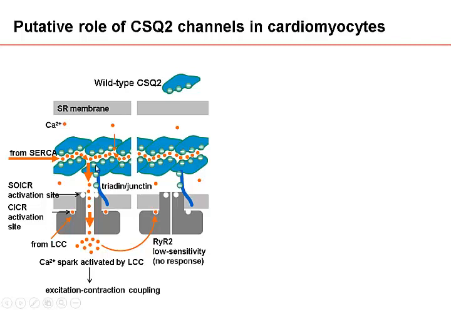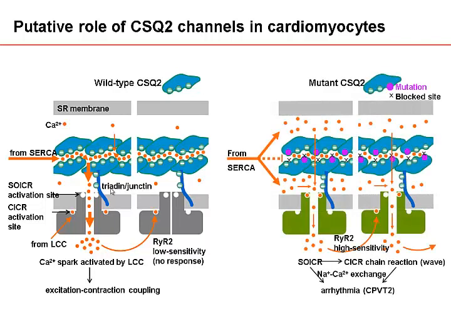The CSQ2 channels are interconnected to form a channel network, which provides a nanohighway for fast diffusion and equilibrium of calcium ions in the SR. Otherwise, the diffusion of calcium ions in the heavy buffer environment would be extremely slow, which may cause inhomogeneity in local SR calcium concentration. Mutations that block or interrupt the calcium highway will lead to heart disease such as CPVT.